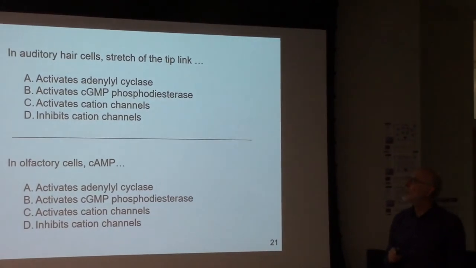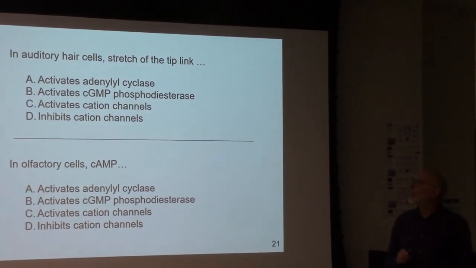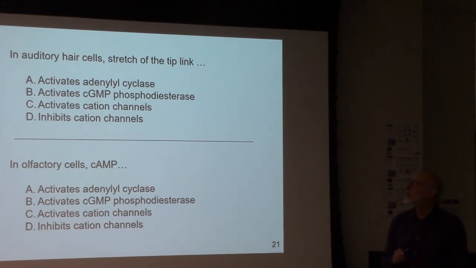Okay, in auditory hair cells, stretch of the tip link activates cation channels. In olfactory cells, cyclic AMP activates cation channels.